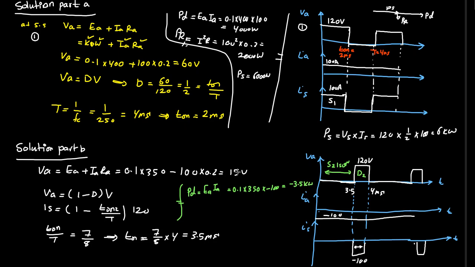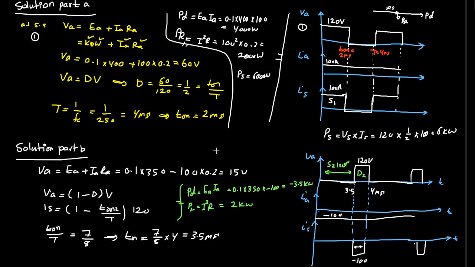And here the minus for the power means that this power is generated. The plus power means that the power is absorbed or delivered. Now the dissipated power all the time will be positive, of course. PR will equal I square R, and this will equal 2 kilowatt.